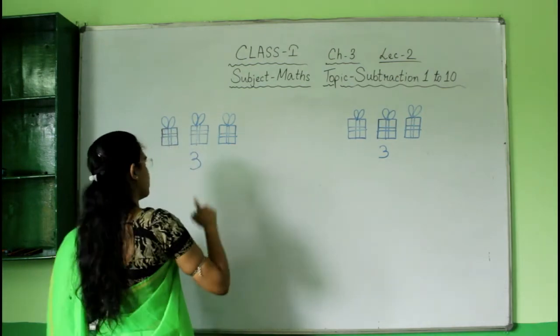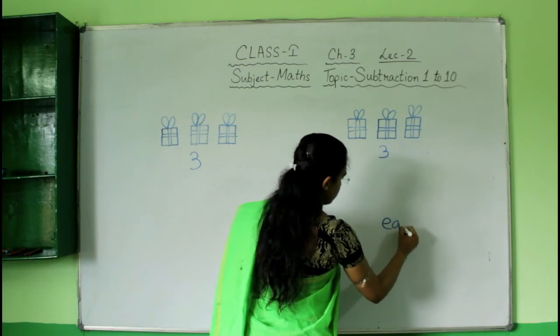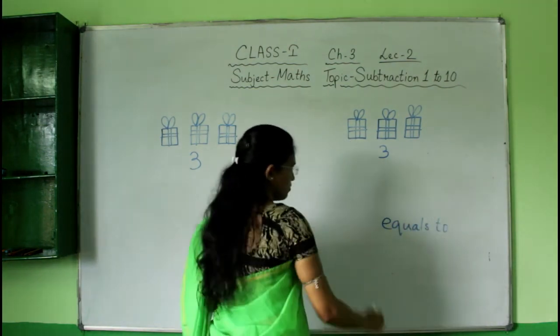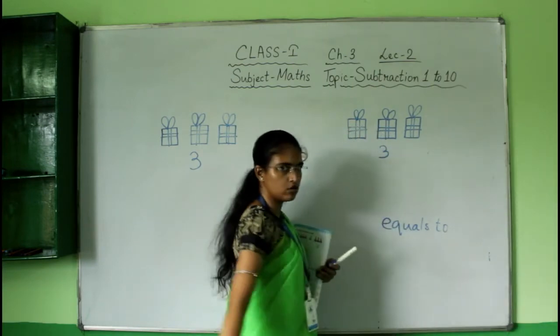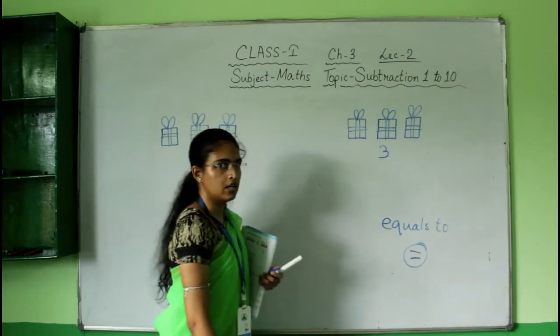So in the previous class I told you what equals to means. What is the sign of this equals to? This one. This one means same.